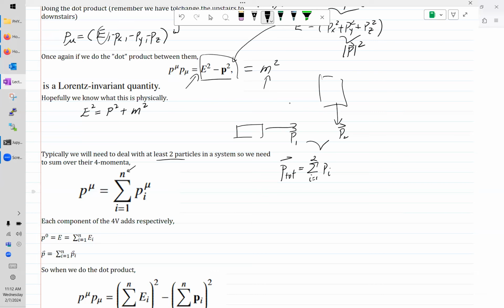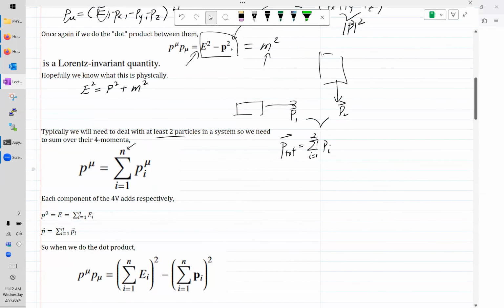Let's do a quick example. Let's say I have a four-momentum, contravariant, of 10, 0, 0, 10. This is all momentum, so it will have units of, remember what the units of momentum are? Oh, I think I gave it away.